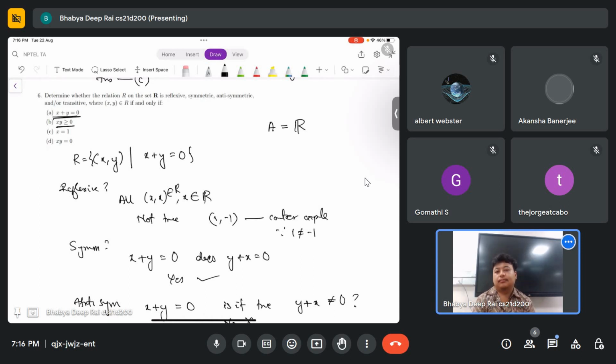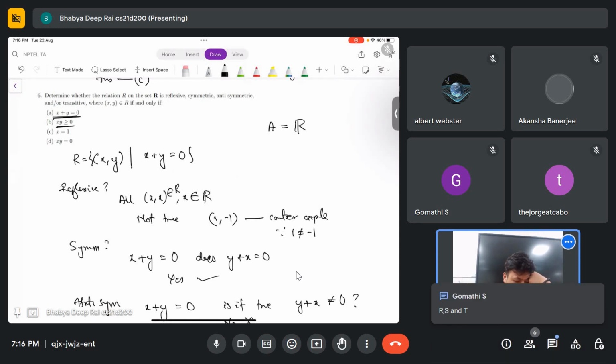No. Oh, it should be reflexive also, right? But transitive, yeah, I think so. x times y is greater than 0. Yeah, Gomati says reflexive, symmetric, transitive. Yeah, I think I agree. I think it should be reflexive also.